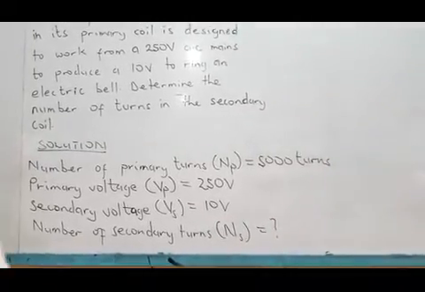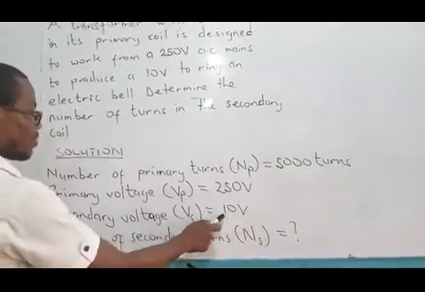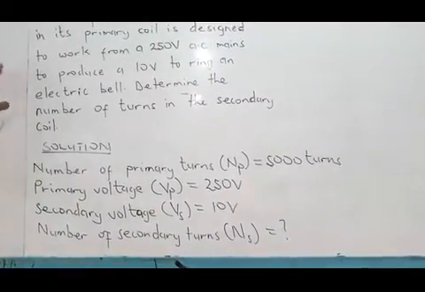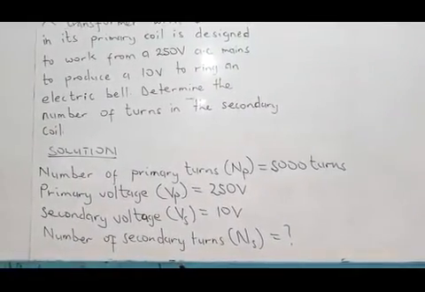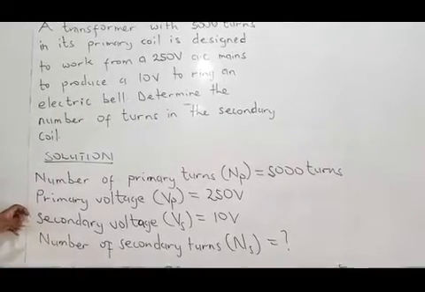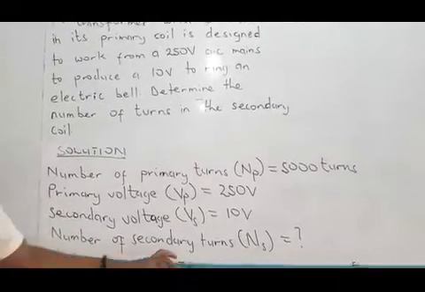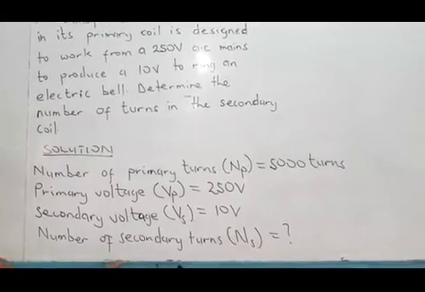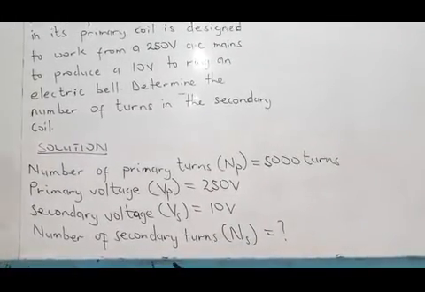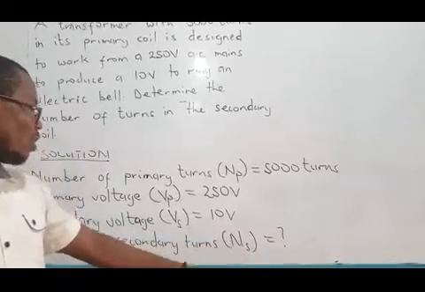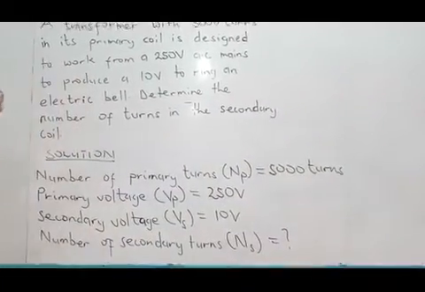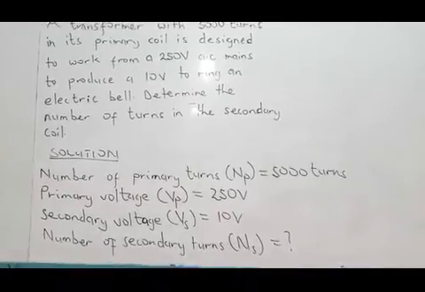So because the voltage has been stepped down, the transformer used here is a step down transformer. For a step down transformer, you expect that the number of turns in the secondary will be lower than the number of turns in the primary. So from our calculation, we should get a value for the number of secondary turns lower than 5,000 turns.